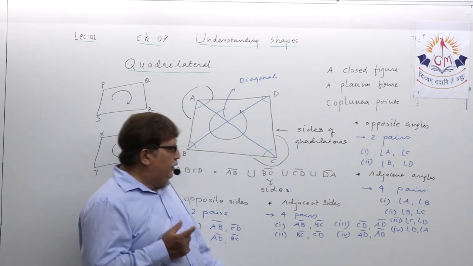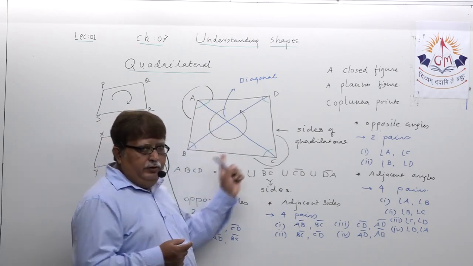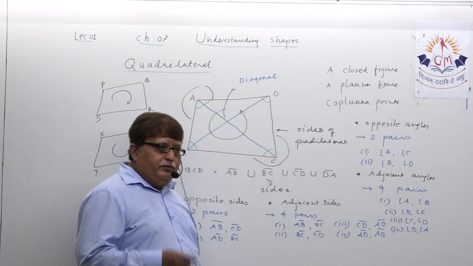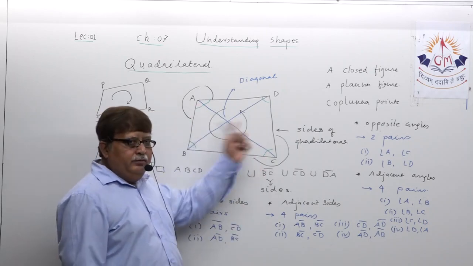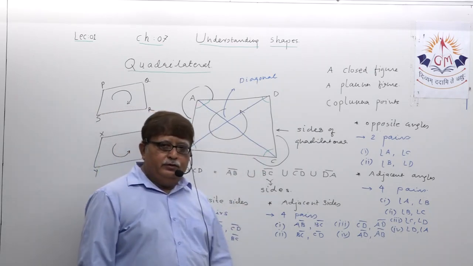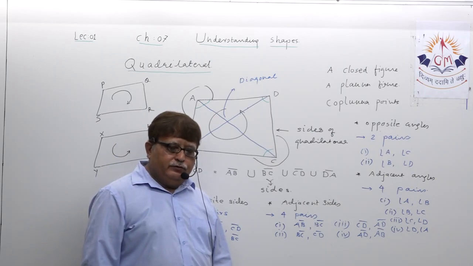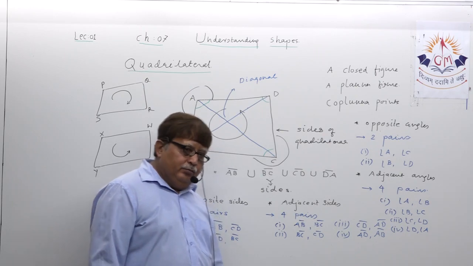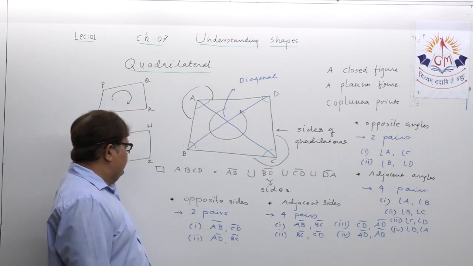One pair only. AC and BD. How did you get a diagonal? Just by joining opposite vertices in a quadrilateral. Understand? And one more thing, dear student.